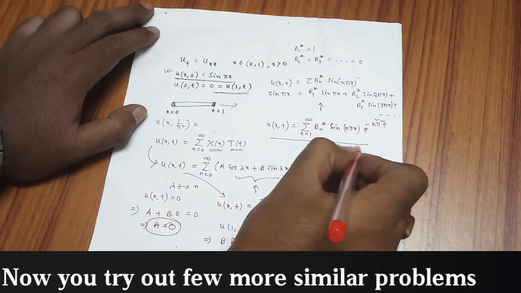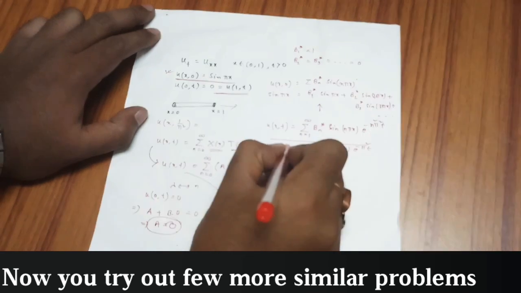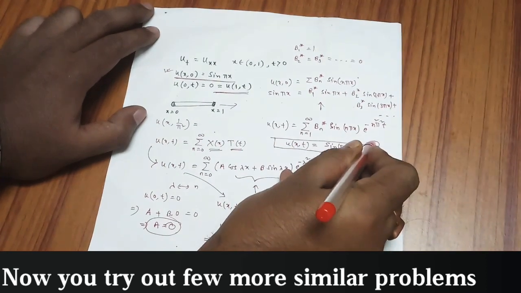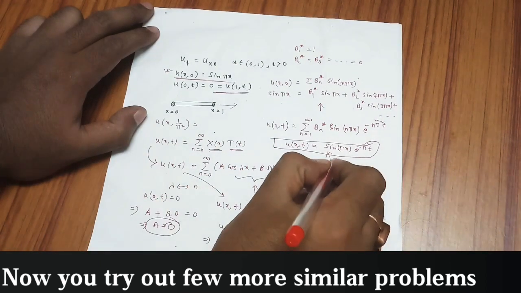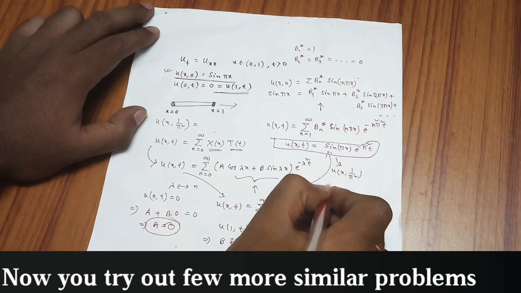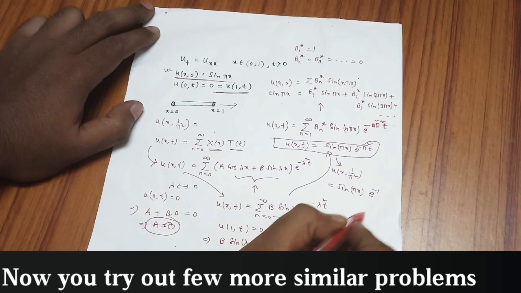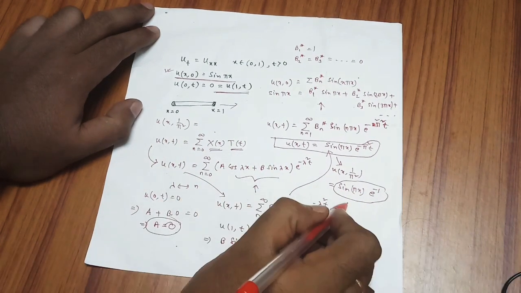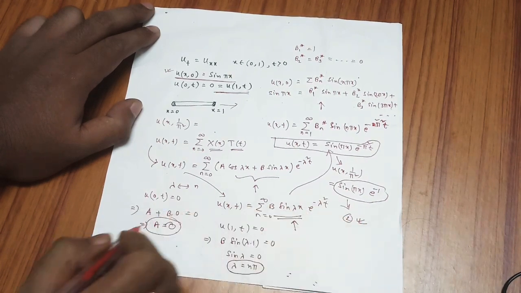This is the ultimate form of your general solution, and now we need to find u(x,t) at 1 by pi squared. So you have sine, and it is minus 1. That means from the options, the second option is the correct option.